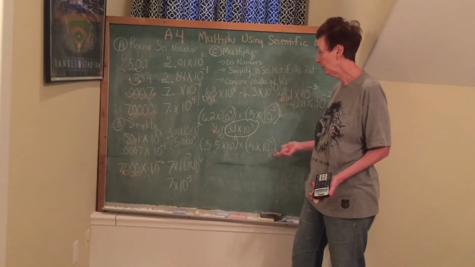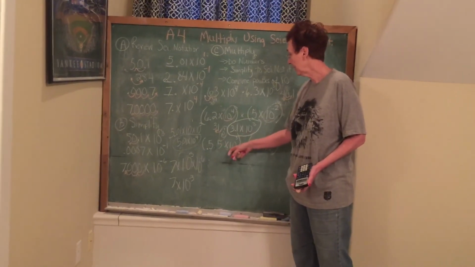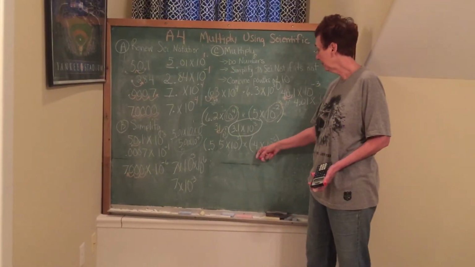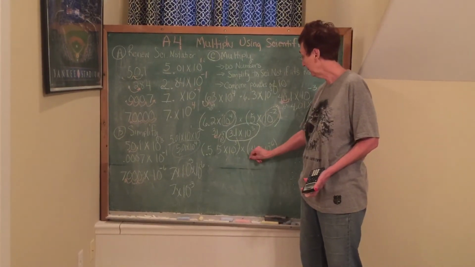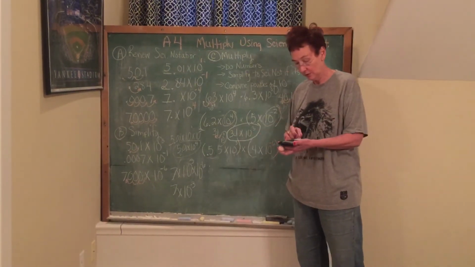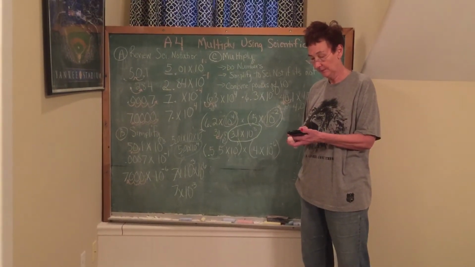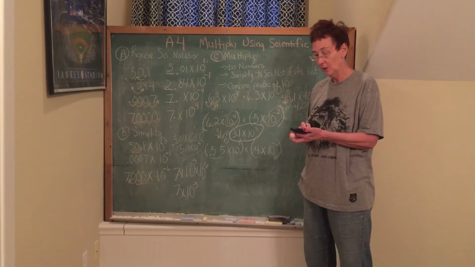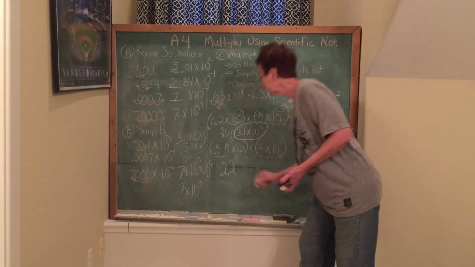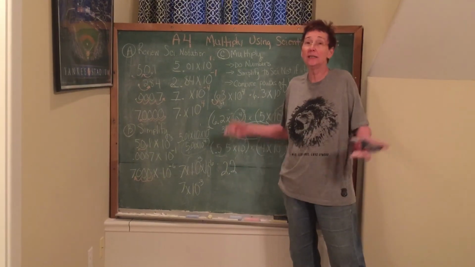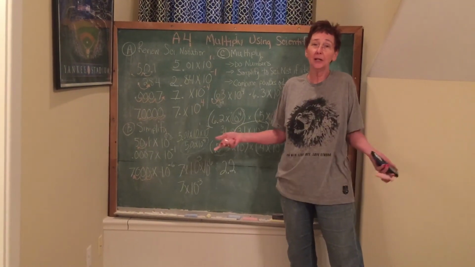Okay? One more time, let's do another example. If I have 0.55 times 10 to the third, and I'm going to multiply that times 4 times 10 to the negative 6. I'm going to multiply the number parts. 0.55 times 4 would give me 2.2. Now, 2.2 is in scientific notation. I don't need to move the decimal point any. I've got a good number.